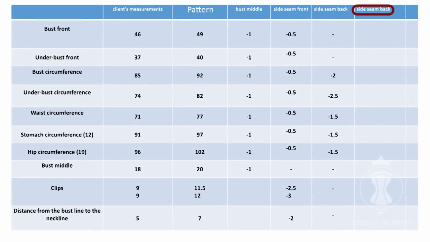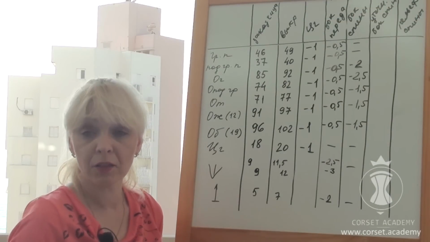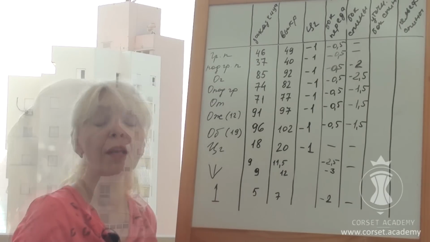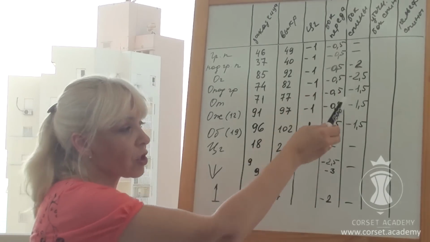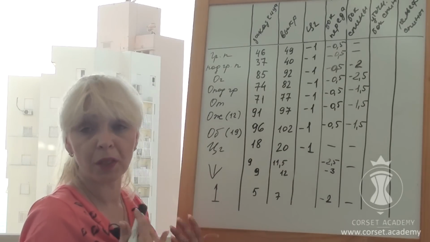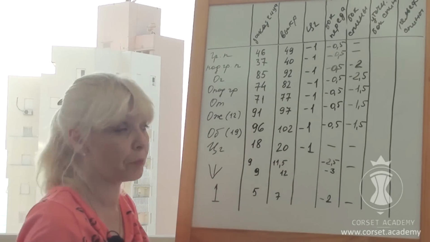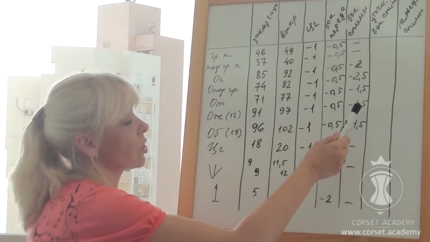Column 7. We will study all calculation parameters and choose a fixed value for shifting the side seam of the back inwards. I need to shift it inwards, preserving the beautiful corset silhouette and, at the same time, bringing it closer to the client's size.